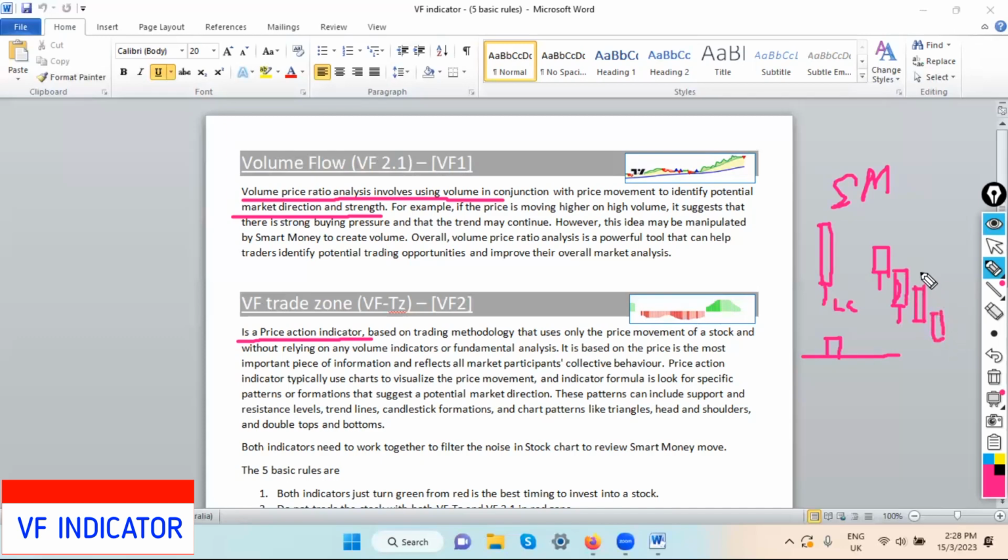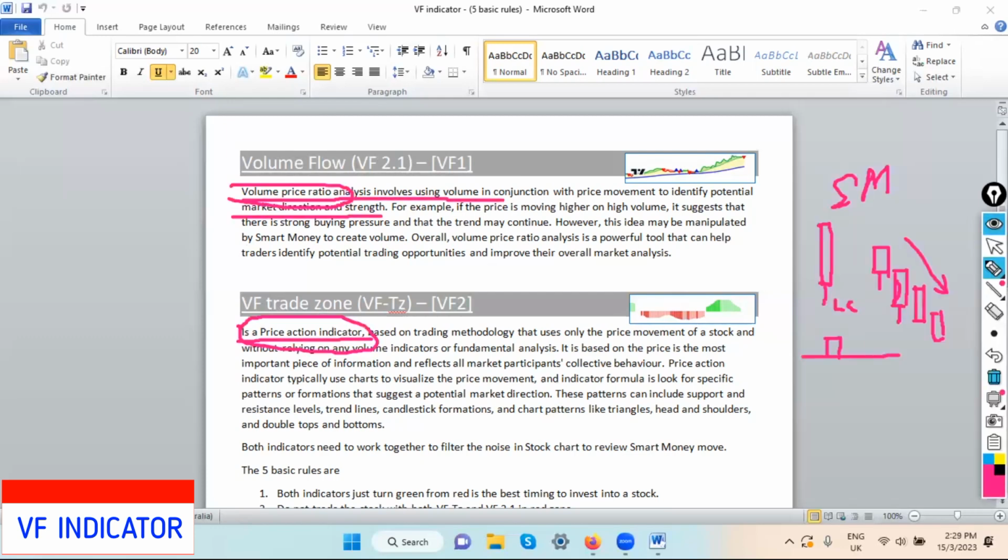When smart money uses this kind of manipulation, a lot of price-based indicators might be misleading. That's why we need one with price and volume, and one with only price, to filter out whenever smart money tries to manipulate and hide their footsteps.